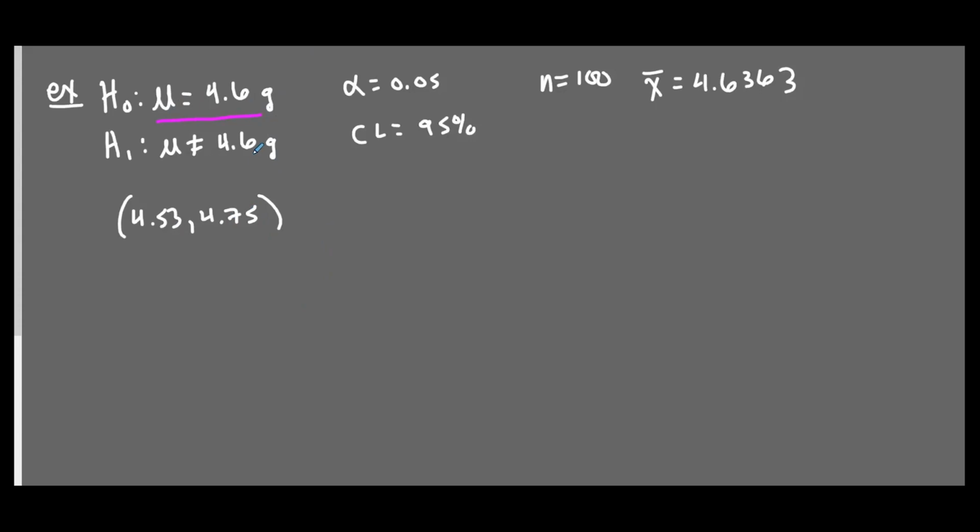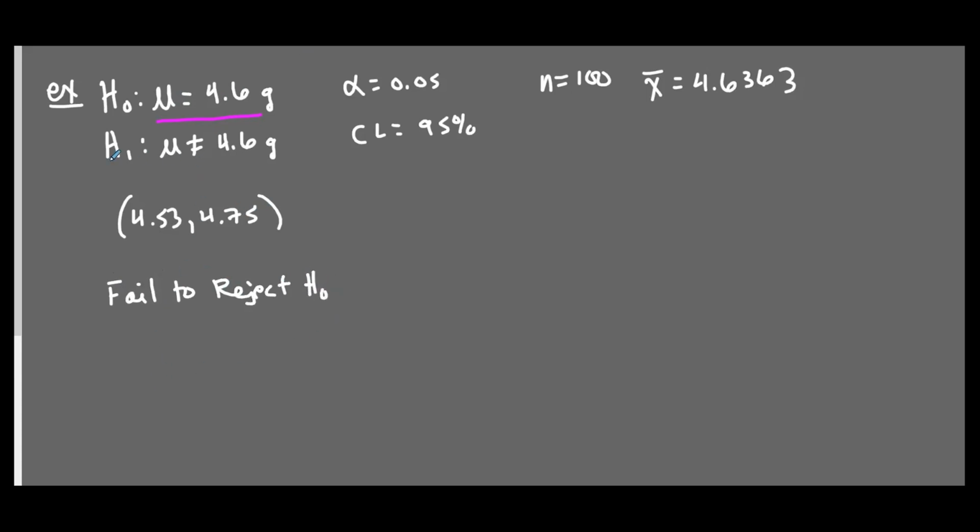So you don't know what the population mean of the dice is, but you guessed it was 4.6, and our confidence interval does not contradict that. So since this is inside the interval, we're going to fail to reject, or do not reject, the null hypothesis.